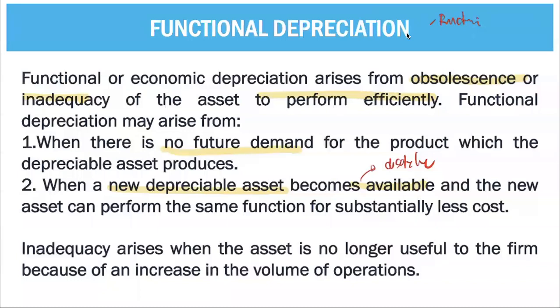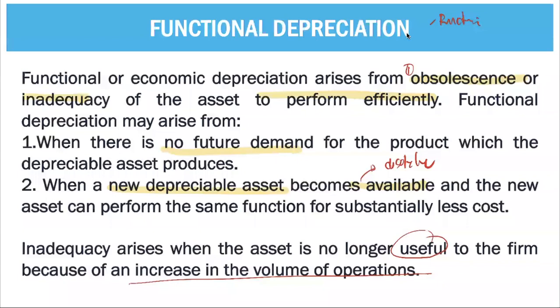And then lastly, inadequacy, which arises when the asset is no longer useful to the firm because of the increase in the volume of operations. So in your function, we have three items that are considered reasons for your functional depreciation. First, obsolescence, when there is a new depreciable asset that is available and can perform more efficiently.